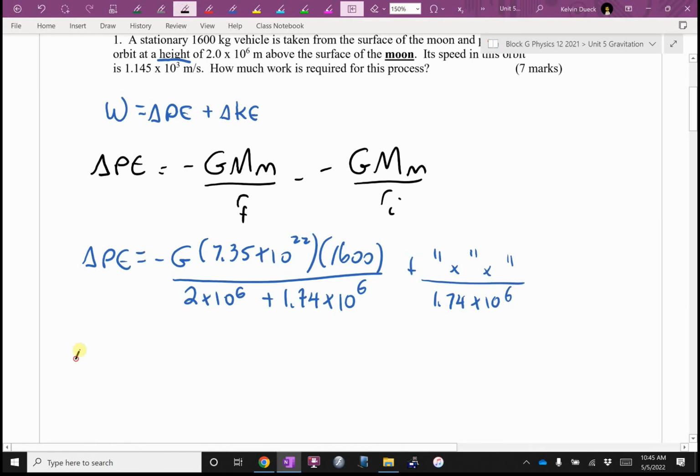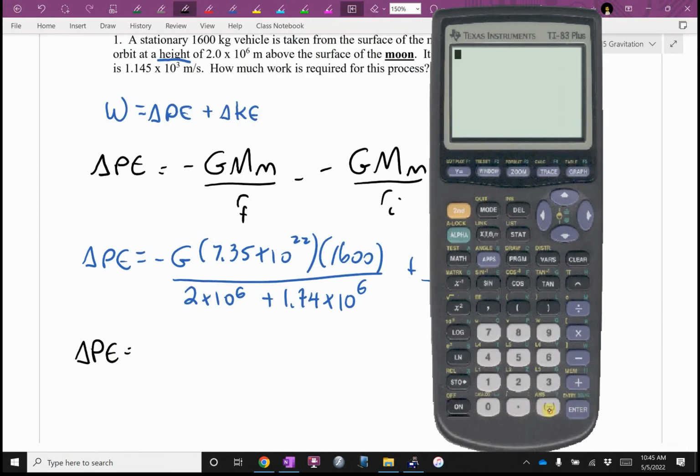Oh, now we start doing a fair bit of typing. It's going to be negative 6.67 times 10 to the negative 11 times 7.35 times 10 to the 22 times 1600 divided by bracket 2 times 10 to the 6th plus 1.74 times 10 to the 6th.